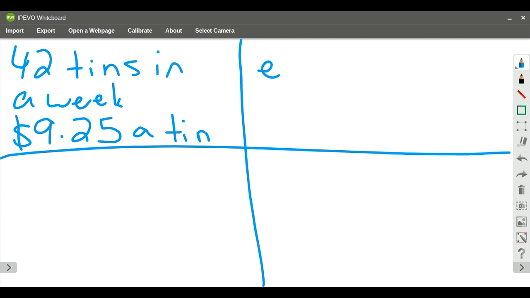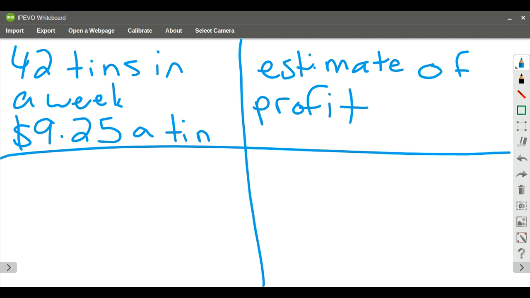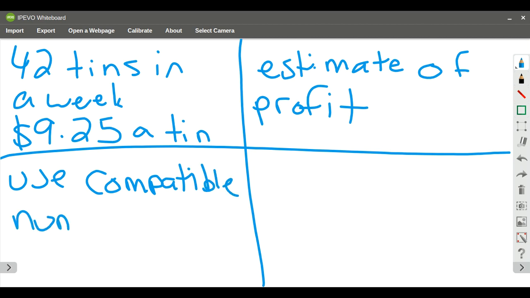I need to find the estimate of profit, because it said "about." So my keyword there was "about." How I'm going to do that is I'm going to use compatible numbers and multiply.